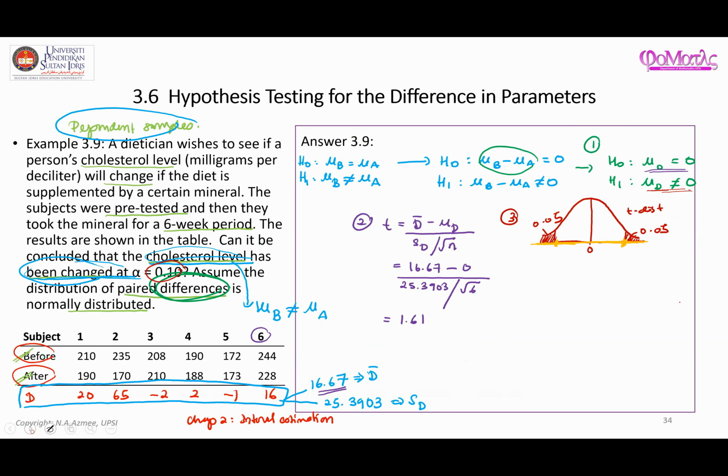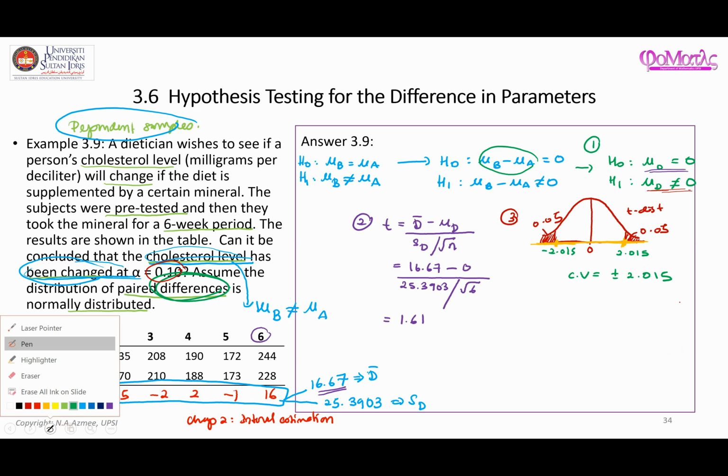So if we go back to this example here, the critical values are 2.015 and negative 2.015. I'm just going to write down and clarify the values. So critical value is plus minus 2.015. Now the fourth step is for you to decide whether you should reject or do not reject the null hypothesis.